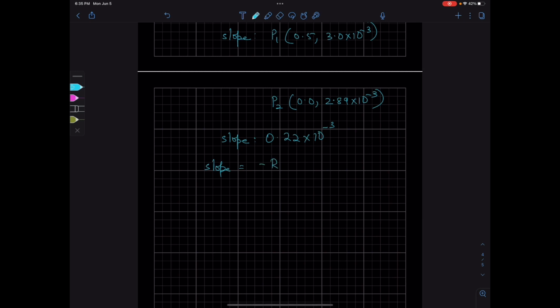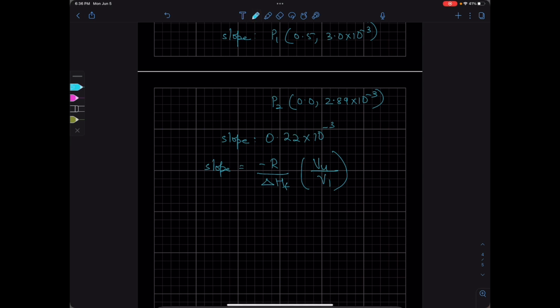This equals negative R over heat of fusion times the molar volume over V1. We can now try to find out what Vu and V1 are.